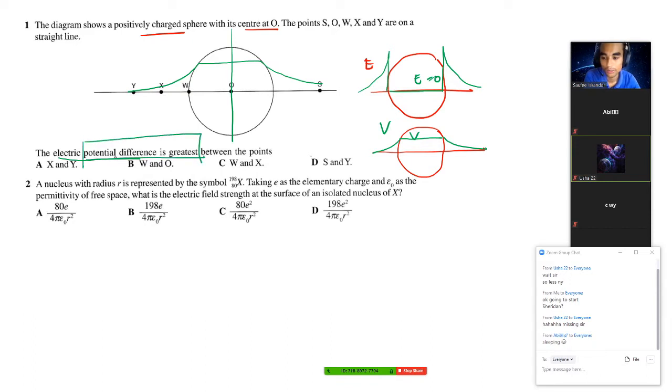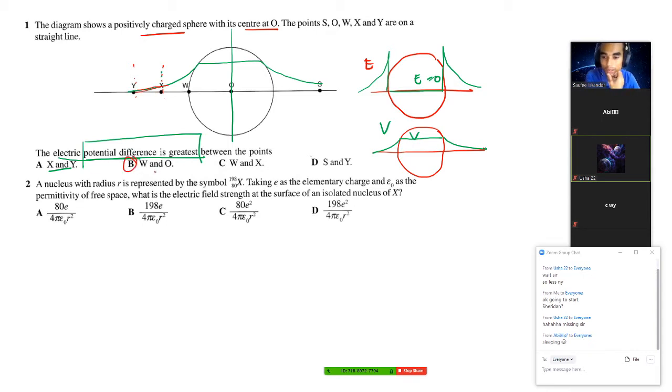The difference between X and Y will not be the highest, because it is only between this point and this point. Did you see the difference is not so big as the others?